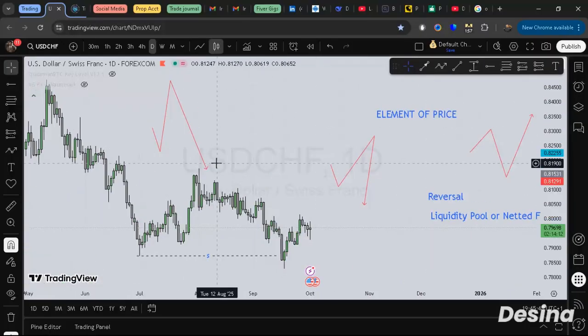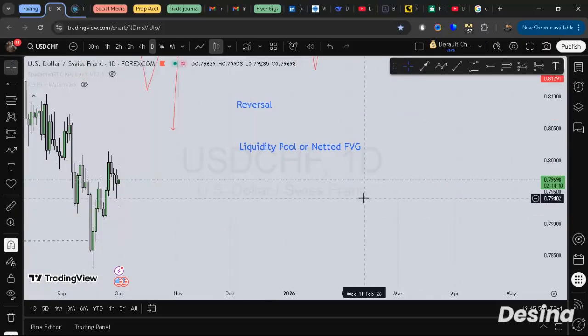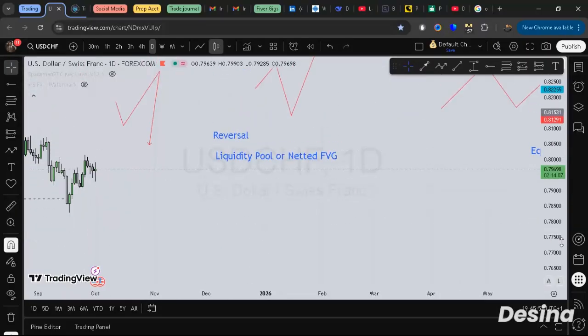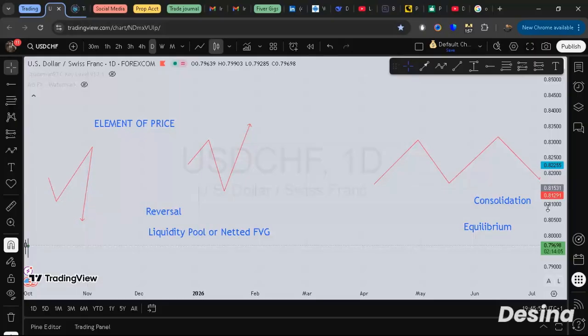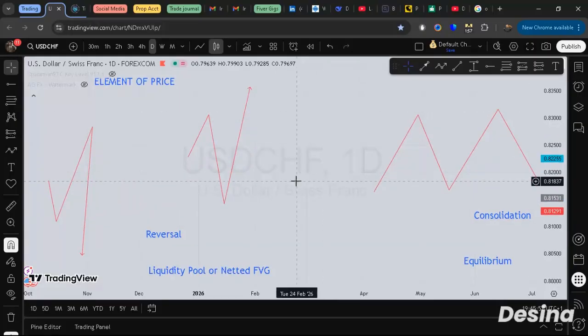One thing you ought to know is that among all these elements, price will always go from consolidation to an expansion.